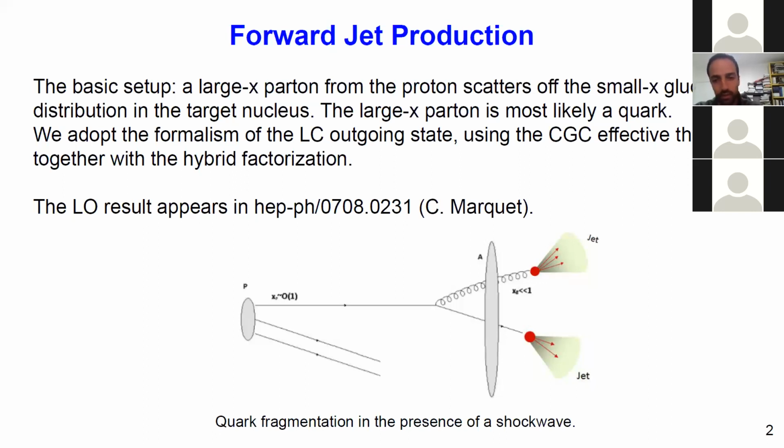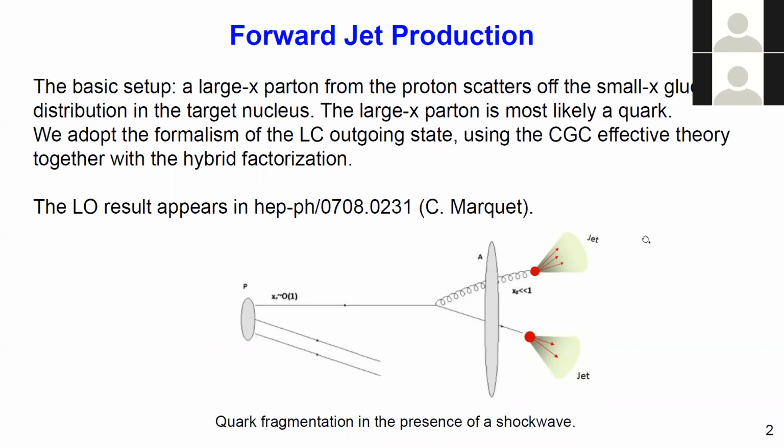Everything will be done as it should. For the scattering process, we assume that the target nucleus consists of a dense bunch of partons, and it will be described eikonally, which means that we attach Wilson lines to the partons which are passing through the target.